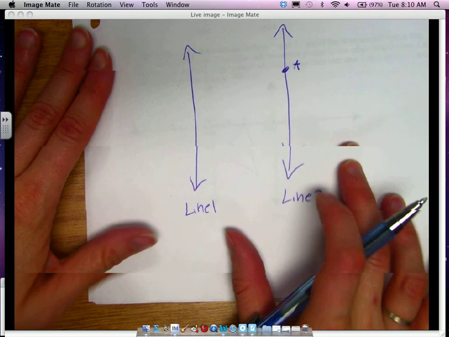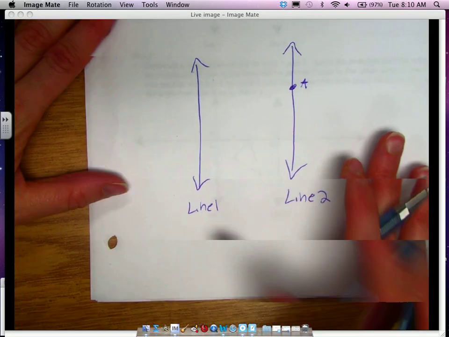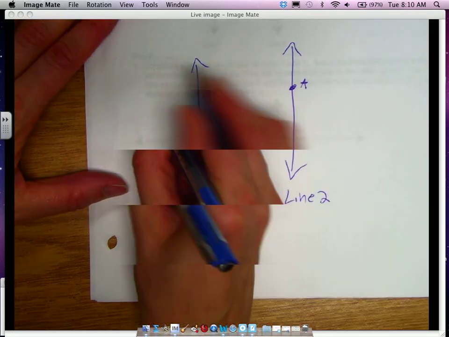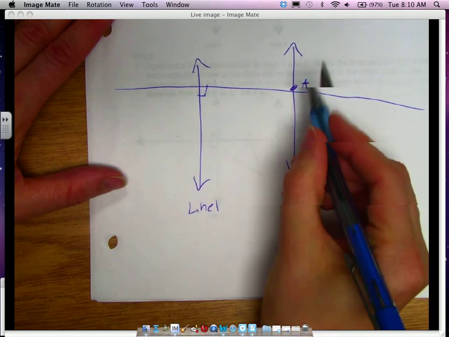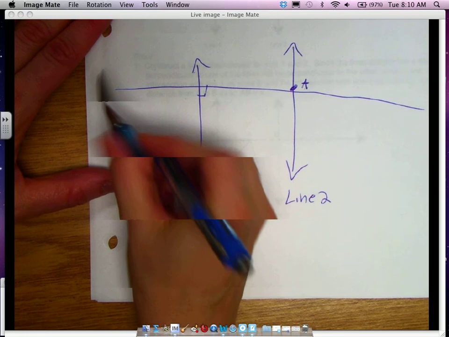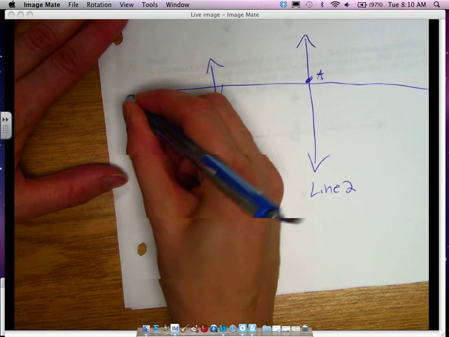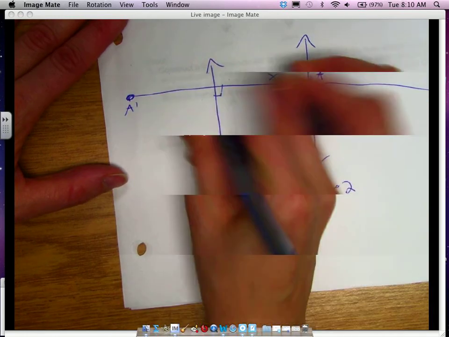All right, so for this one, we've got A. Can we see it? Okay, we've got A is on line 2. We're going to draw a perpendicular line to these parallel lines. We're going to say if we take A and reflect it over line 1, we get A naught over here. We're going to say this is x distance. All right?